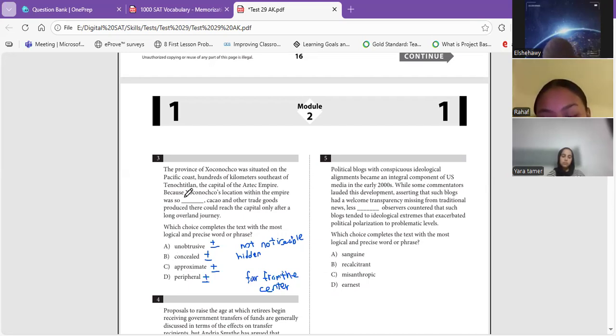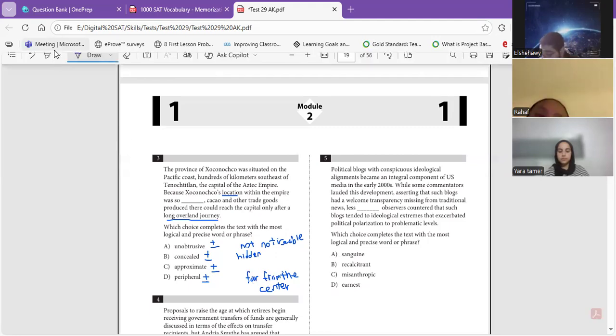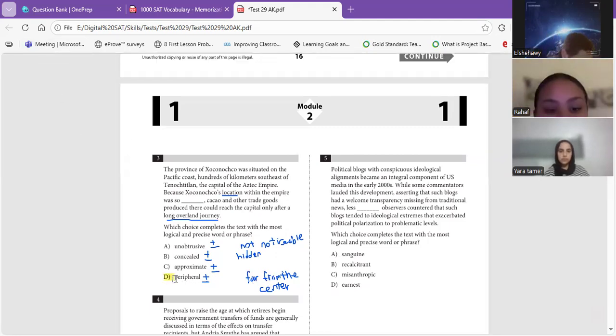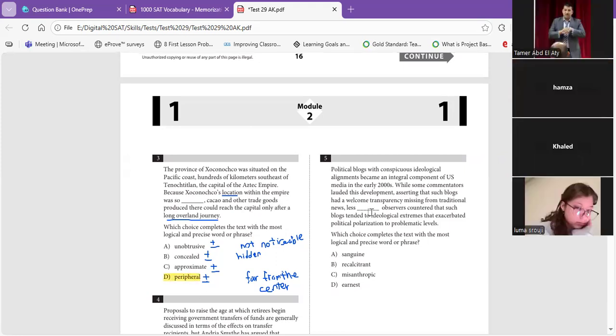It says the province of Kozukonchu was situated on the Pacific coast, hundreds of kilometers southeast of Tenochtitlan, the capital of the Aztec Empire. Till now, it talked about direction, spaces. Because Kusukonchko's location within the empire was so remote, cocoa and other trade goods produced there could reach the capital only after a long overland journey. So because of that, it's far from the center. Far from the center, not hidden.